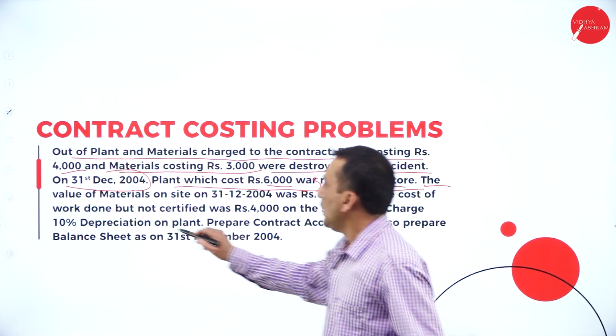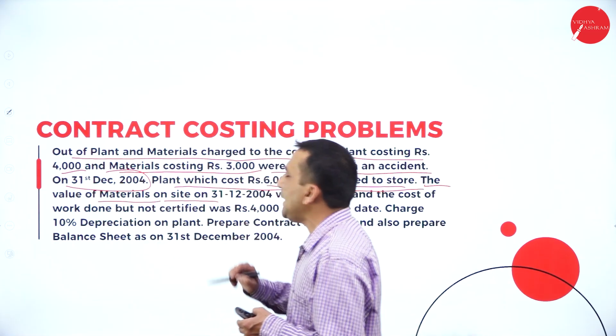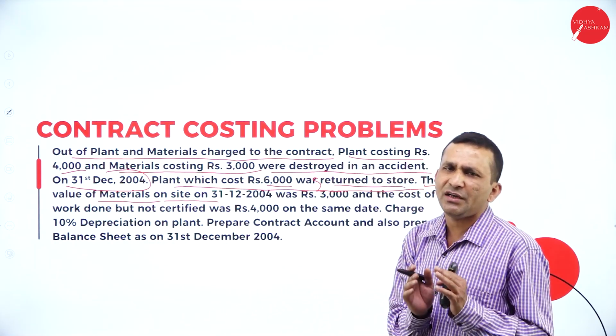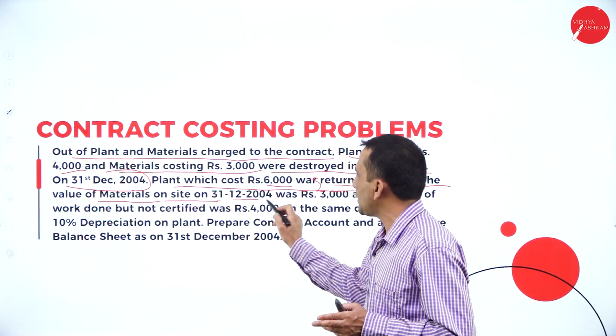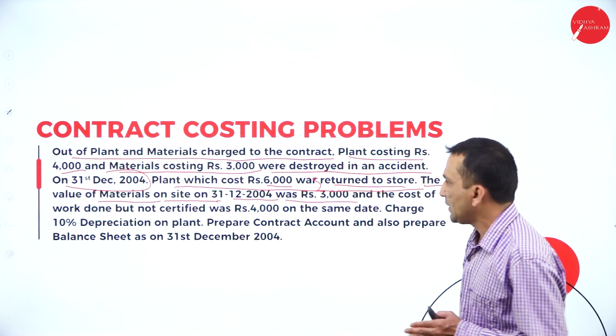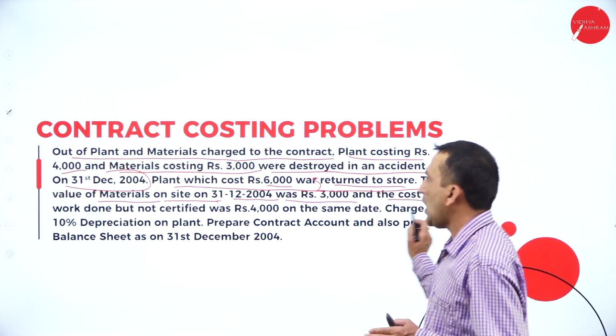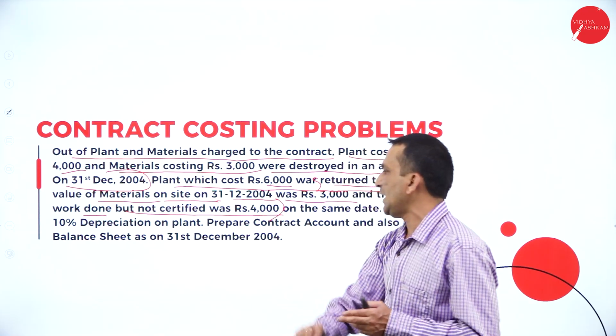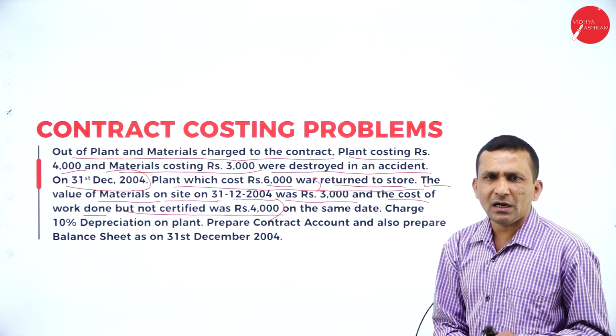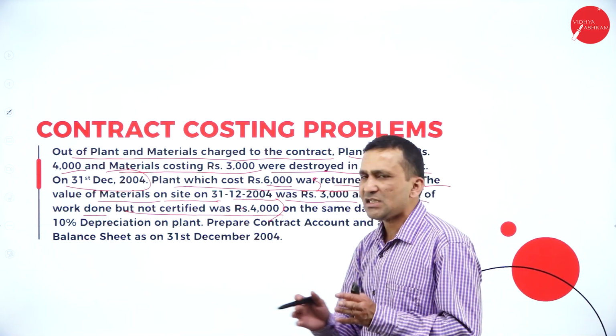The value of material on site, which is the closing stock of unused material, on 31st December 2004 was 3,000, and the cost of work done but not certified, work already completed but not certified, is 4,000.